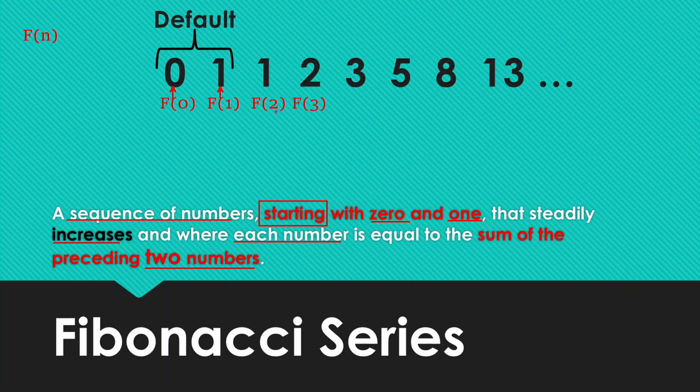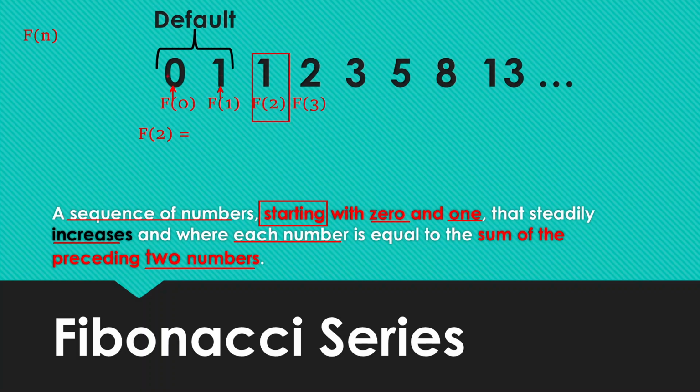Now going forward, for example, F of 2. Let me just write it. So F of 2, which is position 2 and not the number 2, will be the sum of the preceding two digits. So we can see here that this is what we want, F of 2.